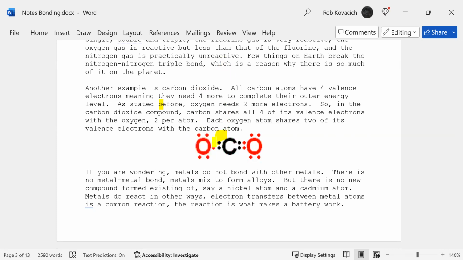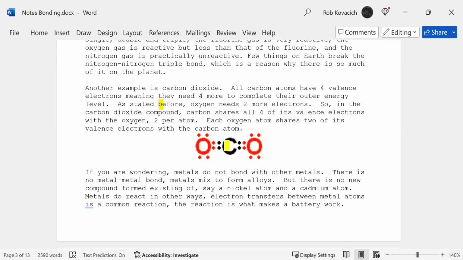But this carbon is also seeing 8 electrons. So that carbon is happy. But this oxygen is also seeing 8 electrons. So that oxygen is happy. So because of the sharing of the carbon and the oxygens, I get covalent bonds that are very stable, and everybody's happy because they're all seeing 8 electrons.